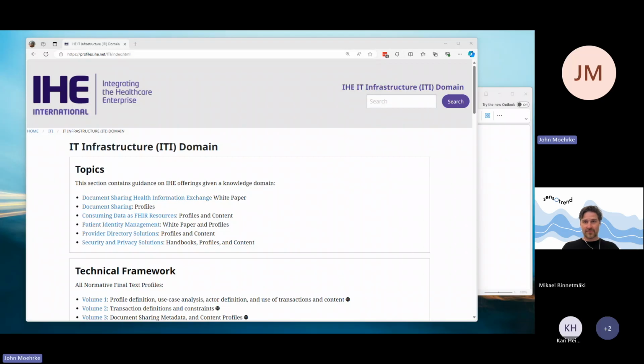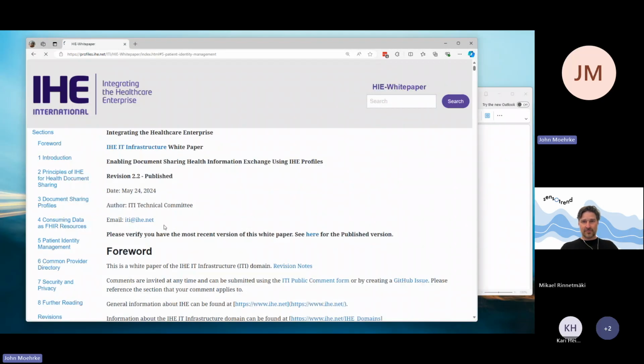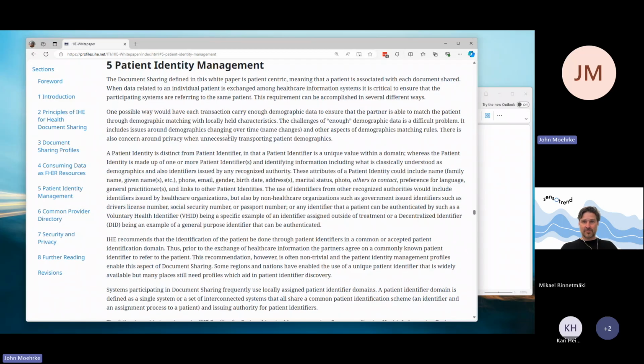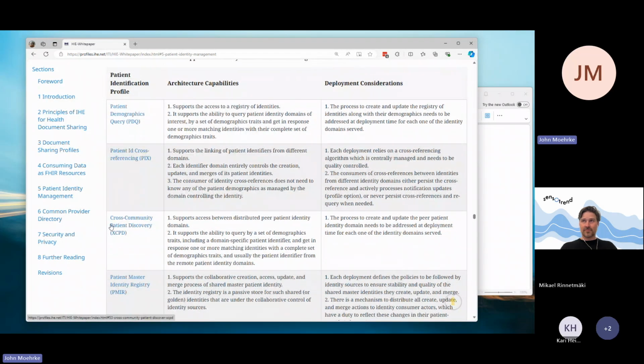I will say that one of the other identity management systems that we have is XCPD. It's based on HL7 V3, but the idea here is that it allows you to federate your search.